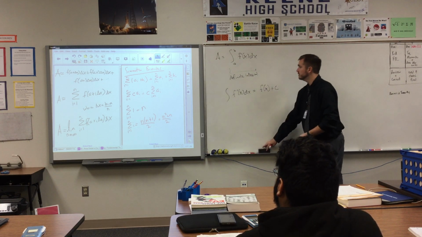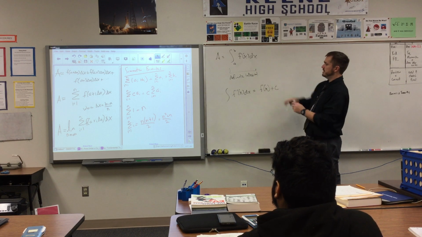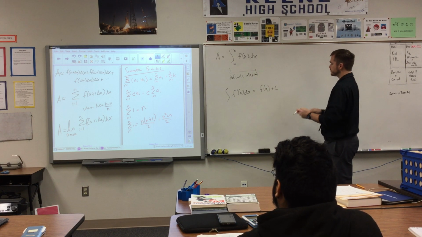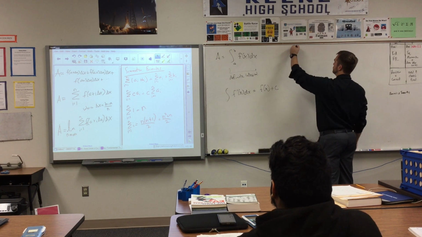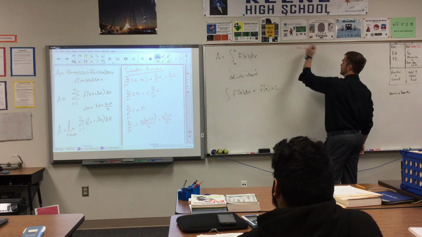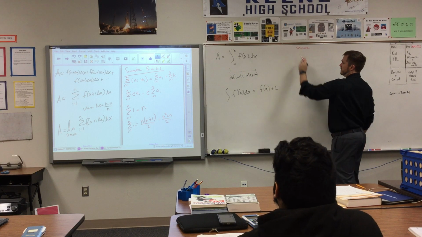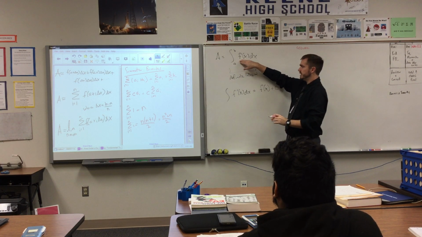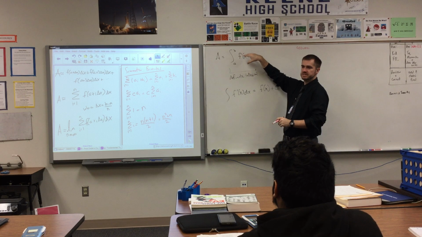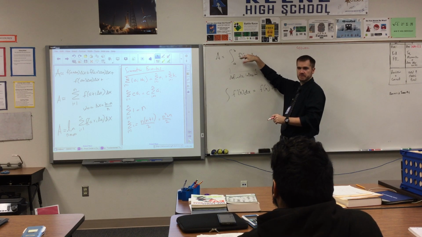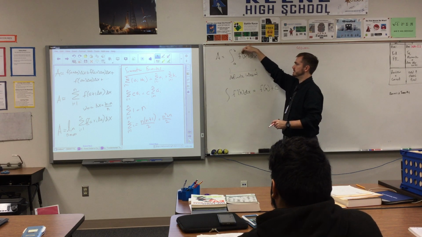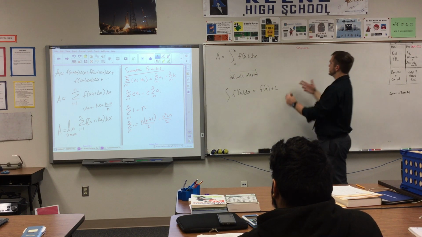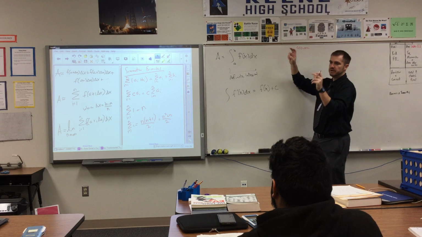Now, how does that relate to this? Assume that this little f right here is itself the derivative of a function. You might be like, well, what would it be? Because it normally would have f prime there. Let's just say that there's a parent function, so to speak.